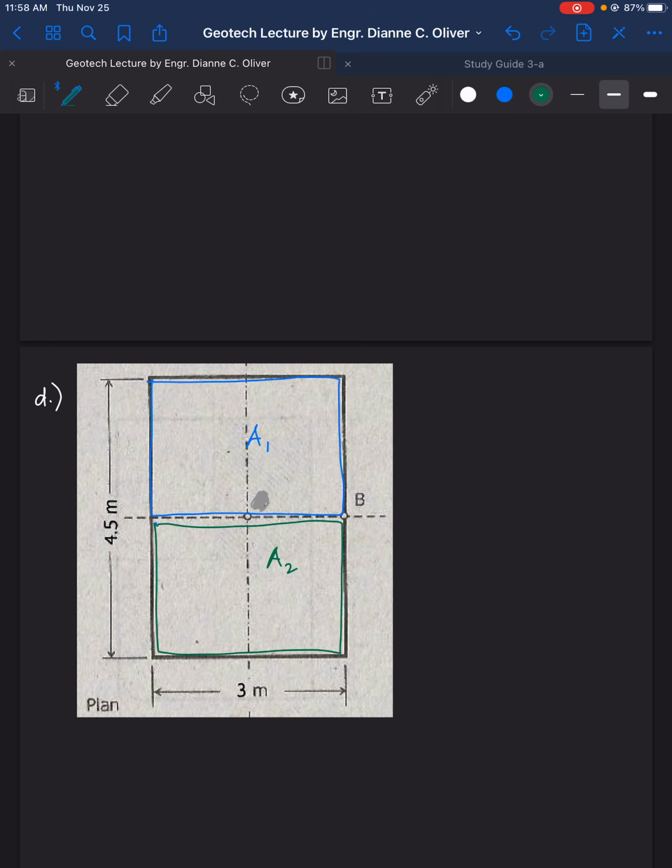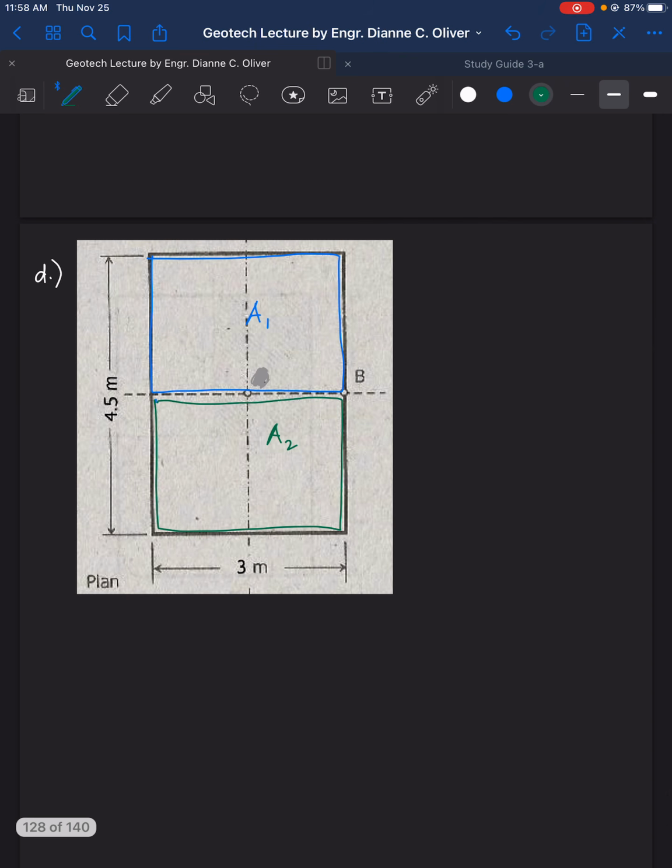So A sub 2. Now, what will happen since we divide it into 2? So let's use A sub 1 here, which has the dimension of 4.5 divided by 2, which is 2.25. Then we have here 3 meters.